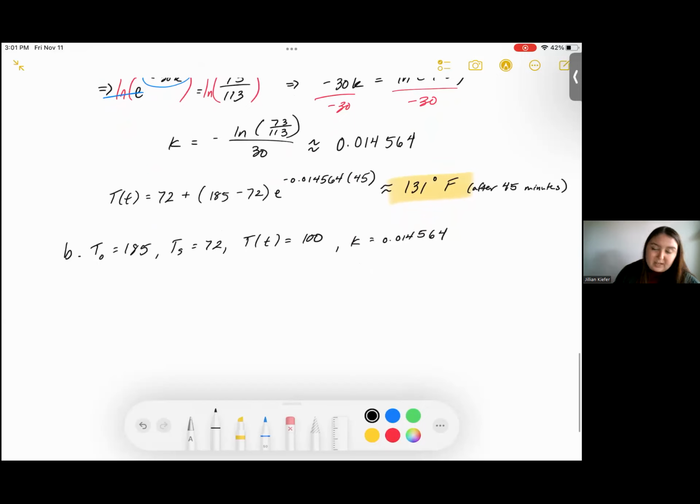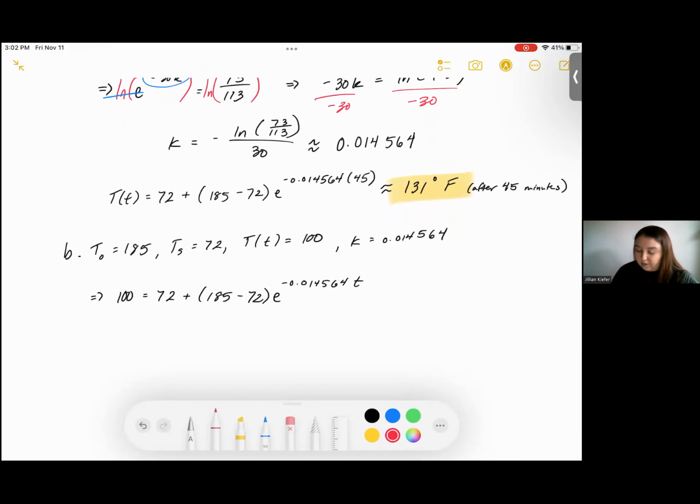So we're going to plug everything into our formula. We'll get that 100 is equal to 72 plus 185 minus 72 times e to the power of negative 0.014564 t.